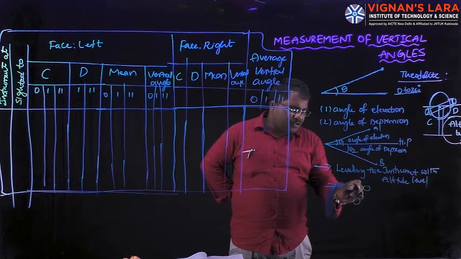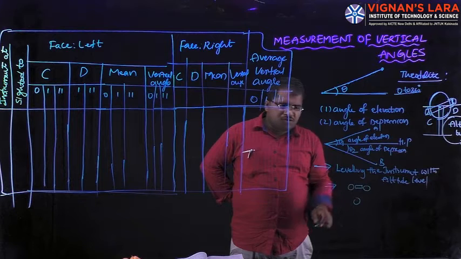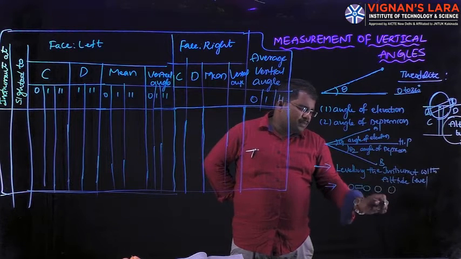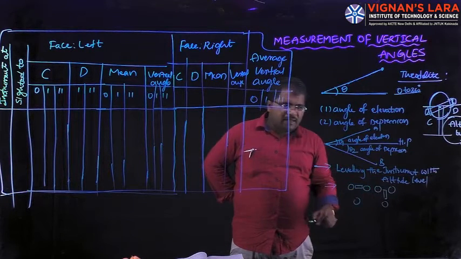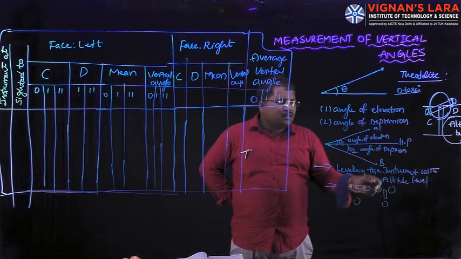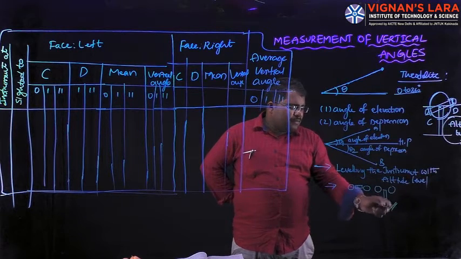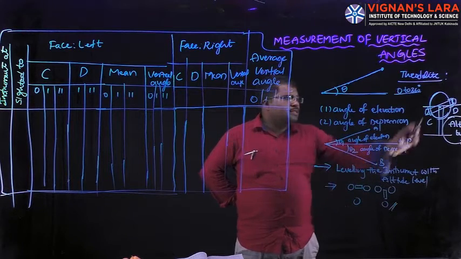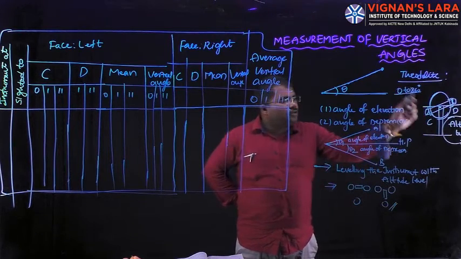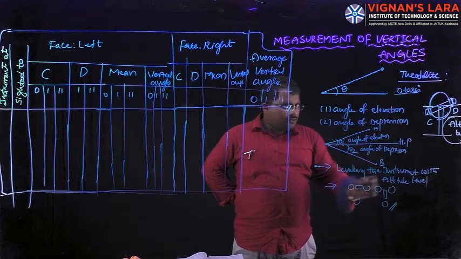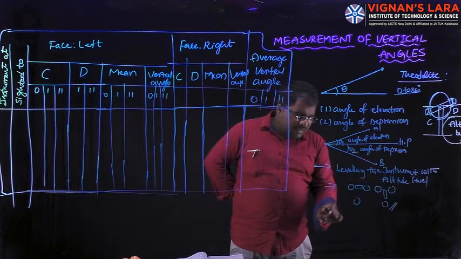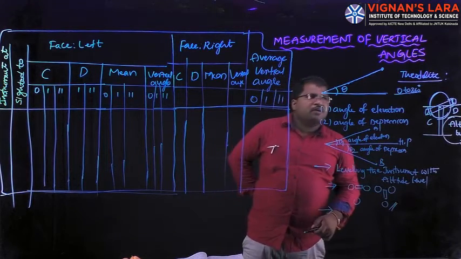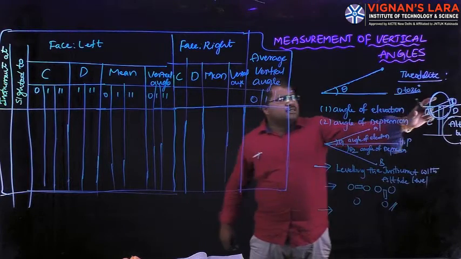First we keep the bubble parallel to two foot screws, then change it to the perpendicular direction, so we level in both directions. But we change to the altitude bubble which is at the top, and with the help of that bubble tube we make it level.